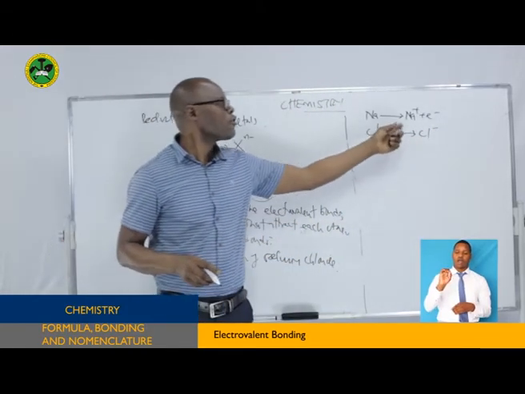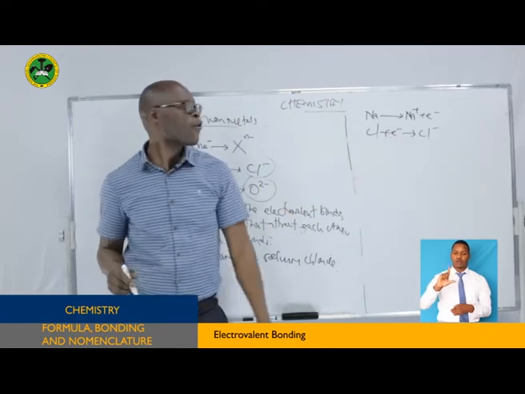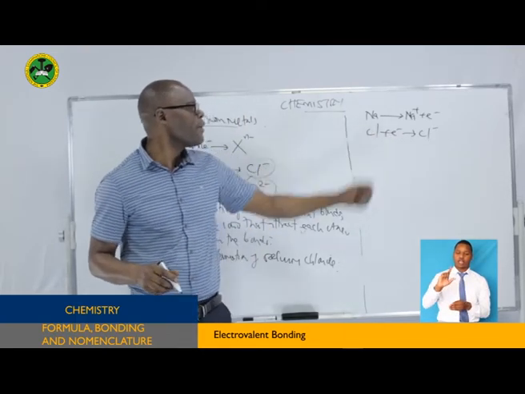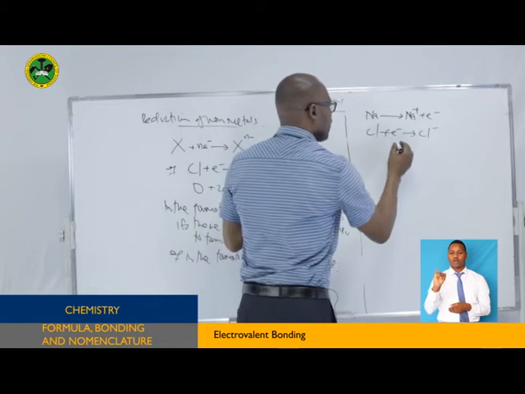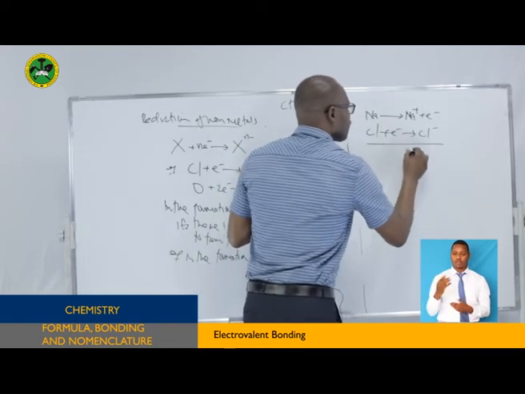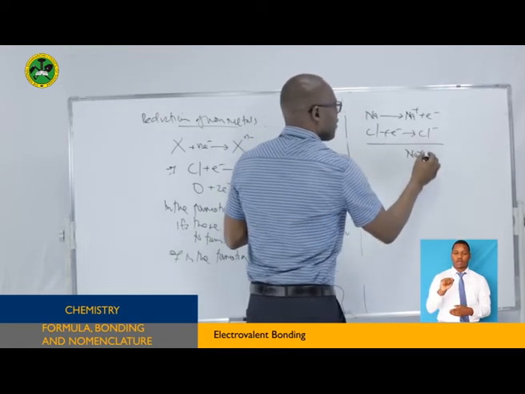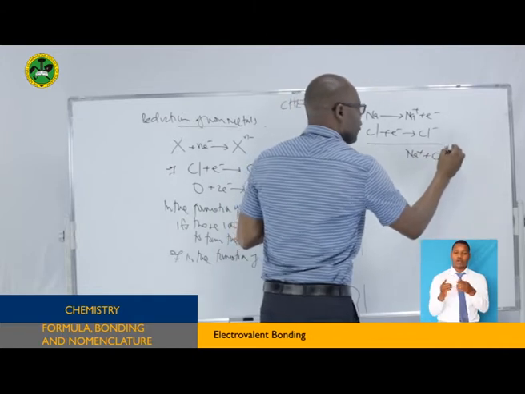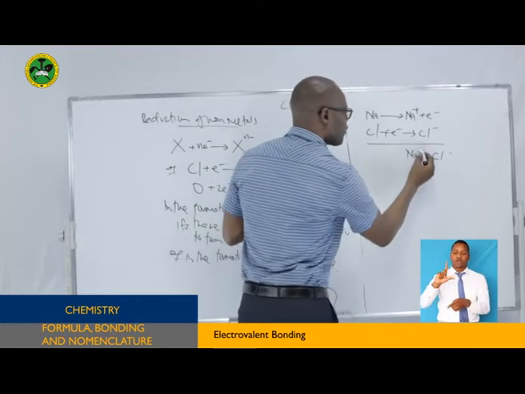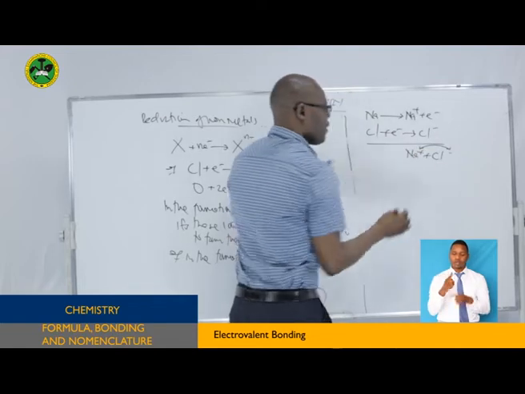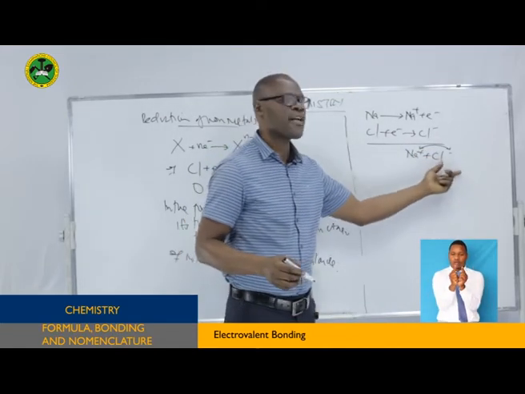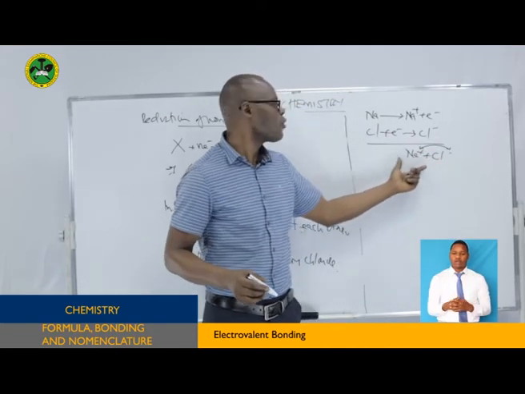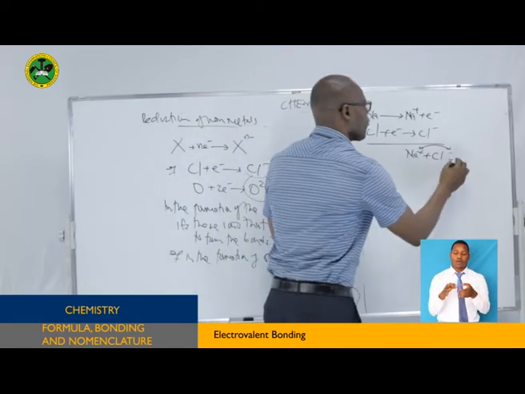We have got oxidation of sodium and also reduction of chlorine. Now what will happen is that the sodium ion will combine with the chloride ion. Because we have got positive and negative, there's attraction between the positively charged ion and the negatively charged ion.